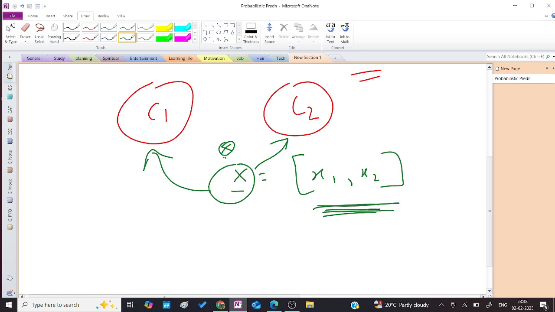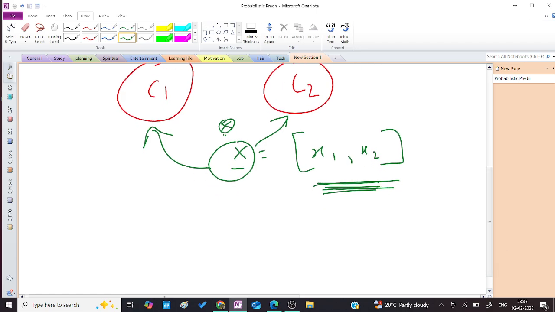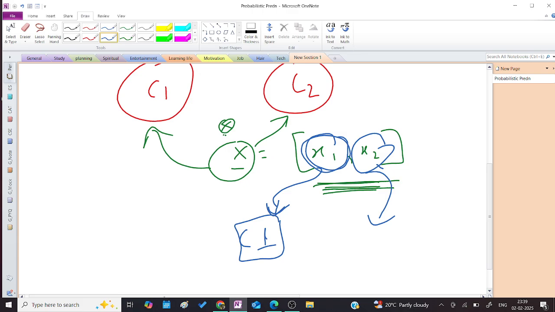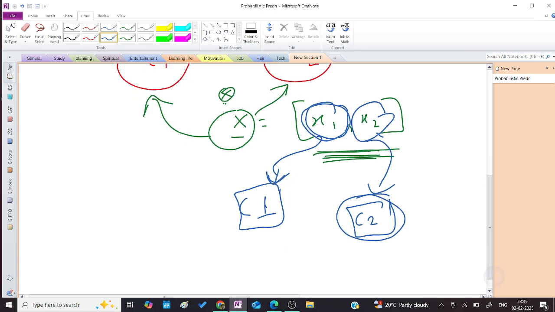So maybe the feature X1 is much more related to class 1, and the feature X2 is much more saying that data X is belonging to class 2, right?